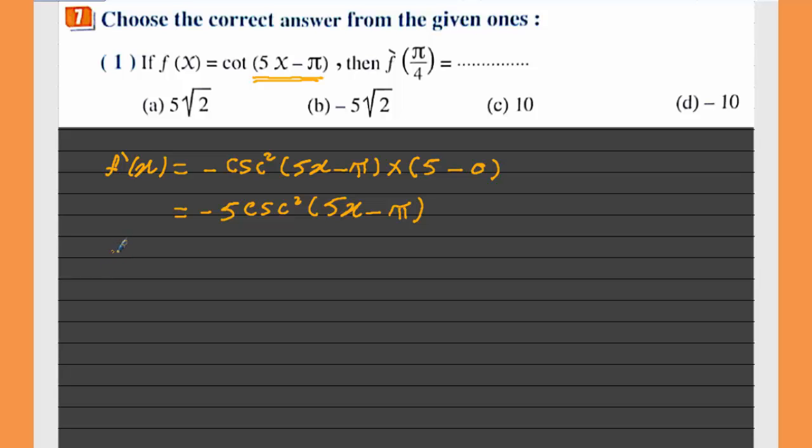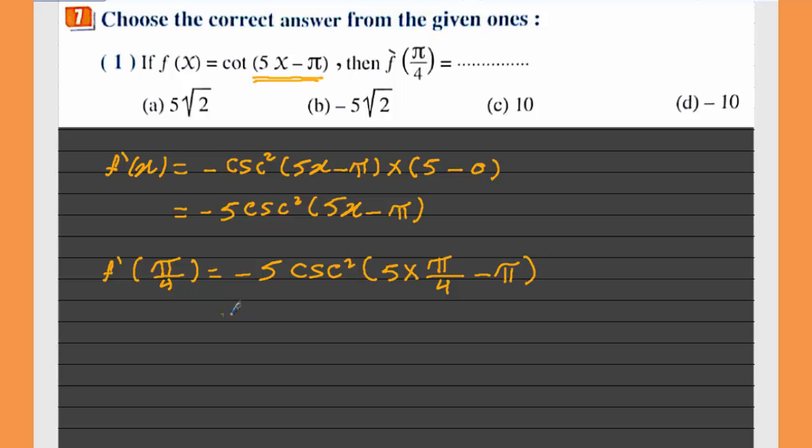So f dash of pi over 4 equals negative 5 cosec square 5 multiply, instead of x we substitute pi over 4, minus pi.